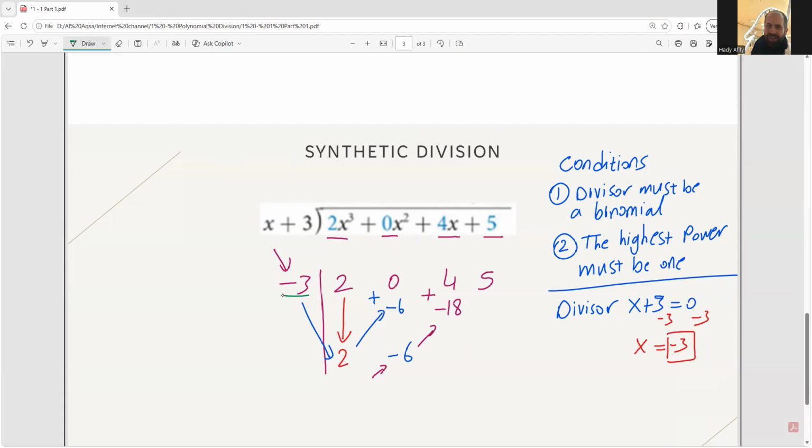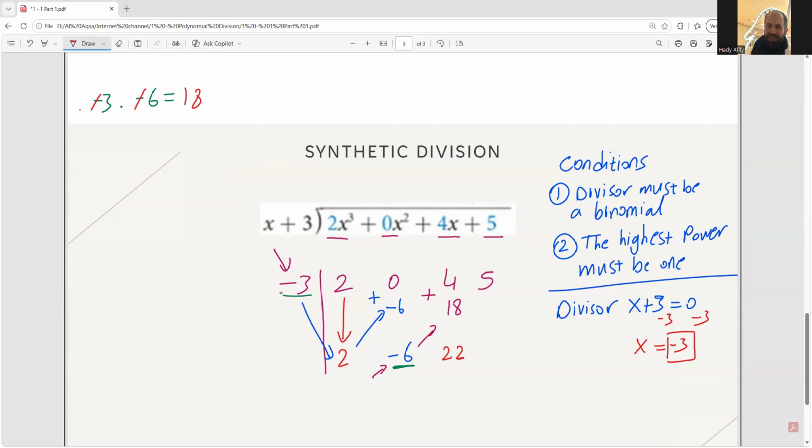Actually, when we multiply negative 3 by negative 6, the answer will be 18, not negative 18. Why? Because if we multiply two numbers and both of them are negative, the negative signs will cancel each other. So it becomes 18. Apologize about this. So 4 plus 18 will be 22. Yes, now you're moving in the right track.